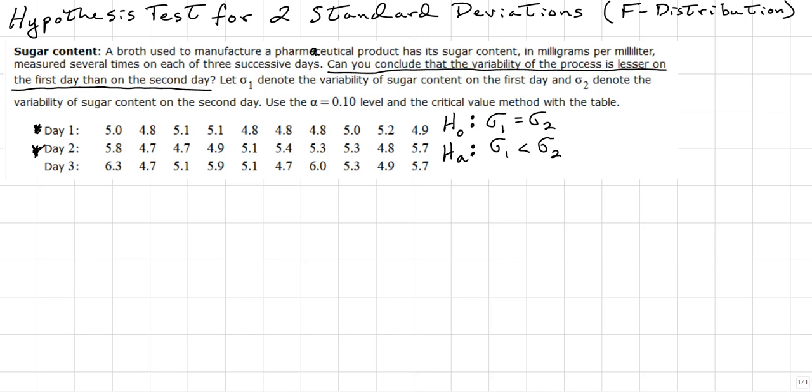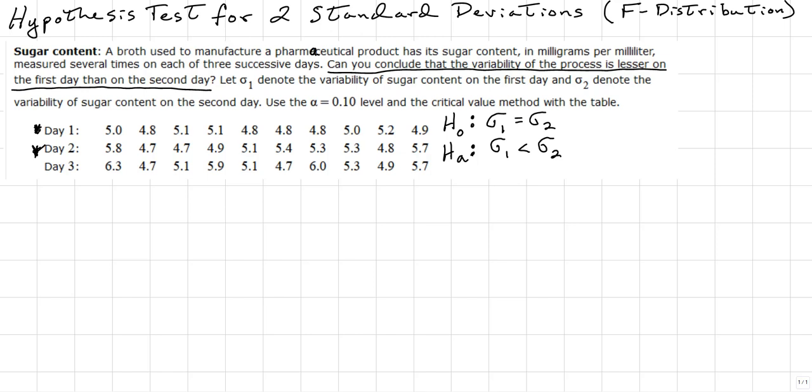Now, we're going to use the F distribution here, but there are a couple of things that we need to assume. First, that we have independent random samples from two populations, which day 1 and day 2 are definitely independent, and that both populations are normal. Now, there's nowhere in the problem that states that we're assuming normality, but since we're using the F distribution, we will assume normality.